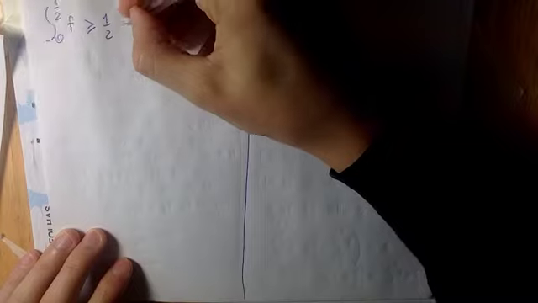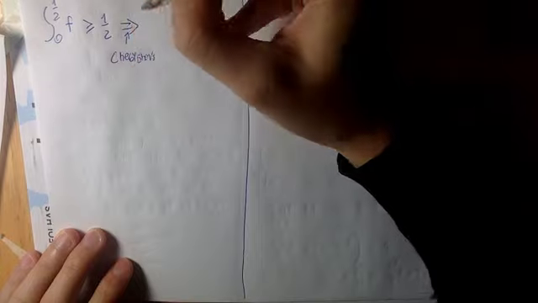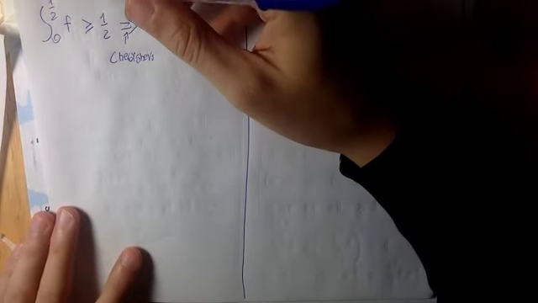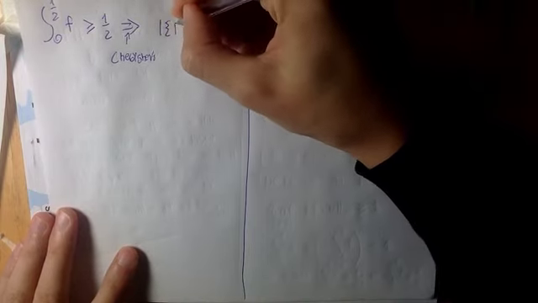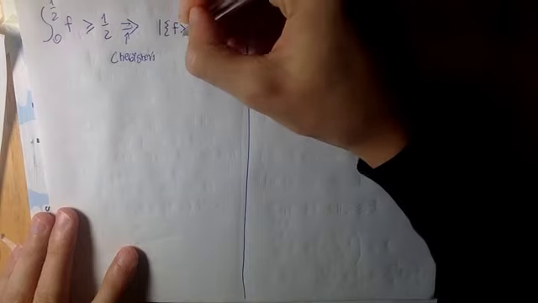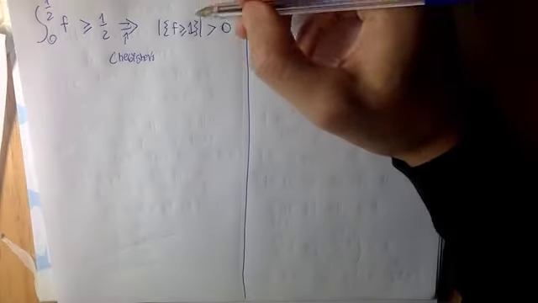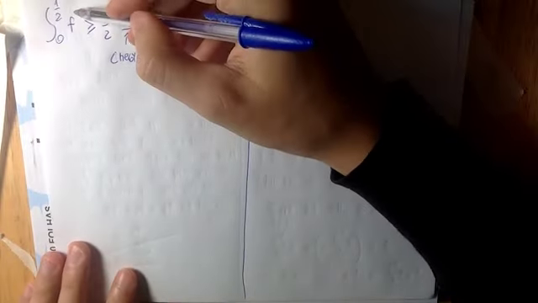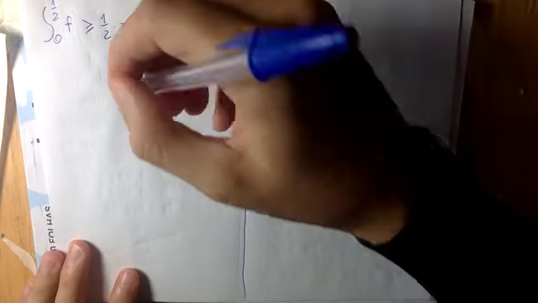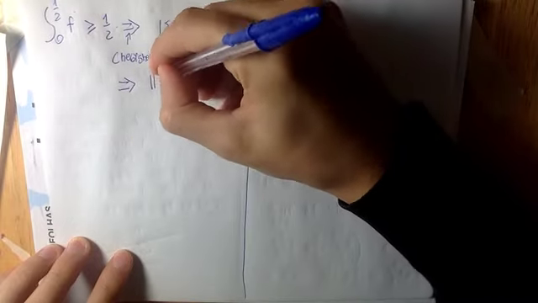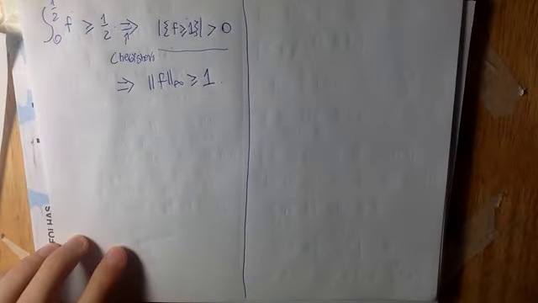But then this implies, by Chebyshev's inequality, or basically just by contradiction, that the size of the set where f is bigger or equal than 1 has to be positive. If f is always less than 1, this integral can never be bigger than 1/2. Which implies the infinity norm of f is bigger or equal than 1.